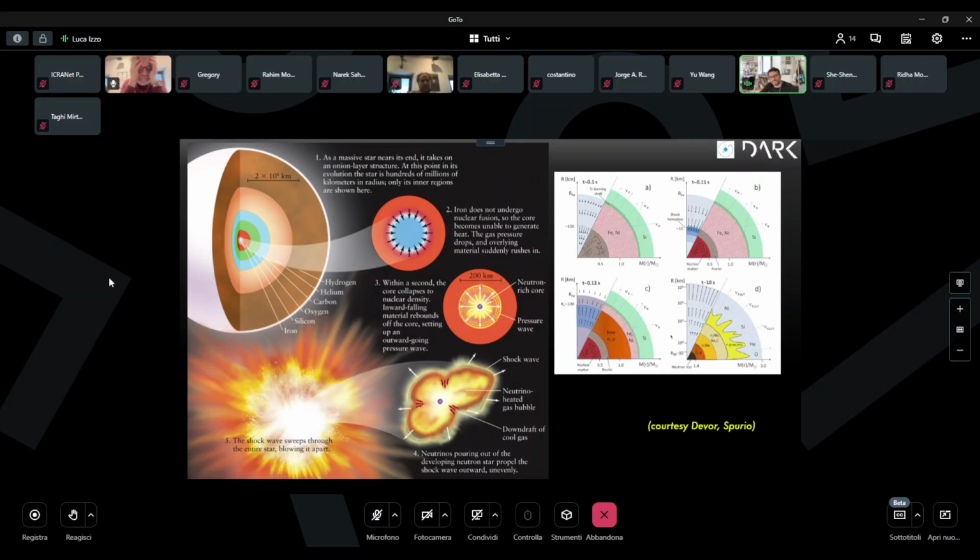So all the elements that we observe in the absorption lines in supernova spectra are freshly synthesized elements, mainly during the shockwave passage during the core collapse event.